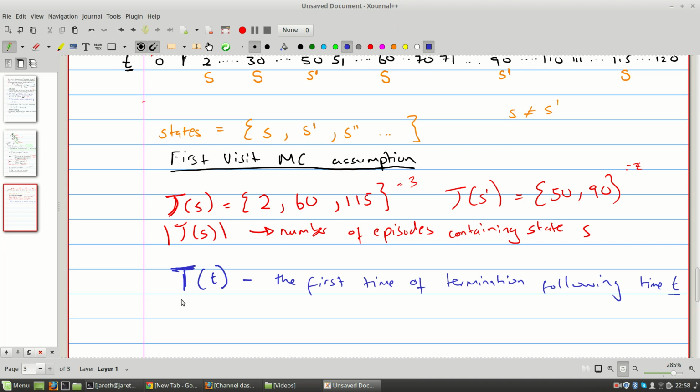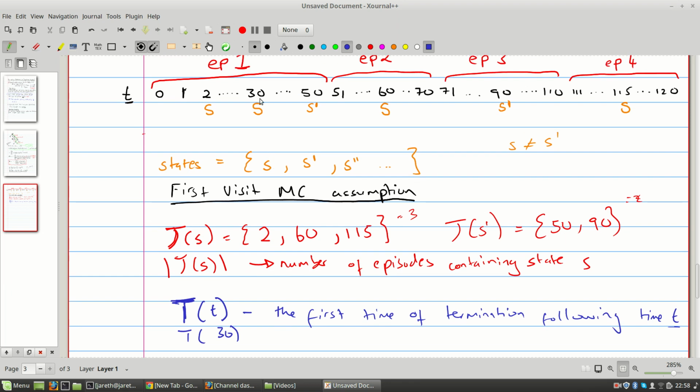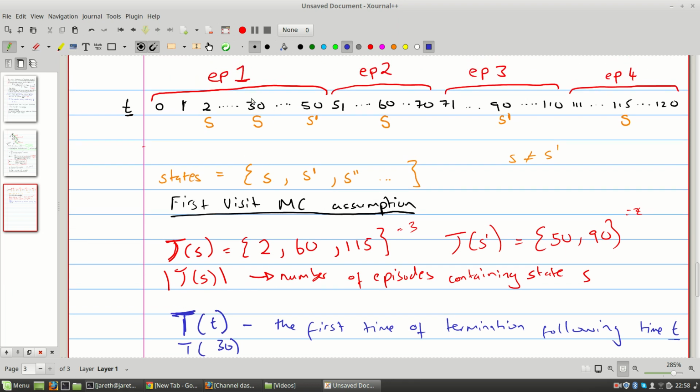So for instance, if we're asked what's T of 30, well, if we look here, the first time we actually terminate starting from time step 30 is at time step 50.